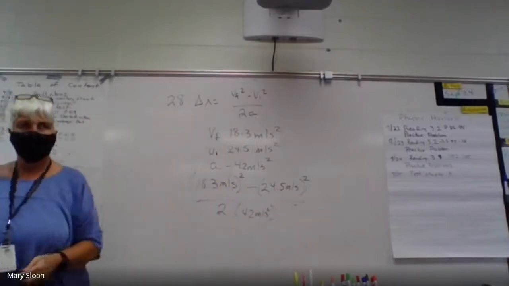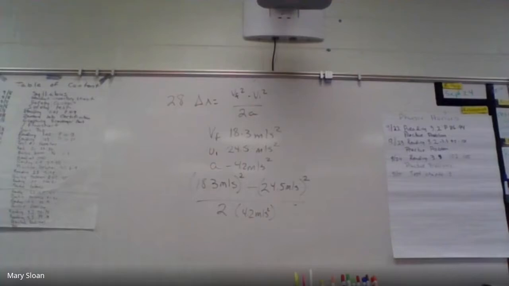And what I need you to do, use your calculator and see if you can figure out what answer you get. It's very important for you to be able to use this now that we have it.